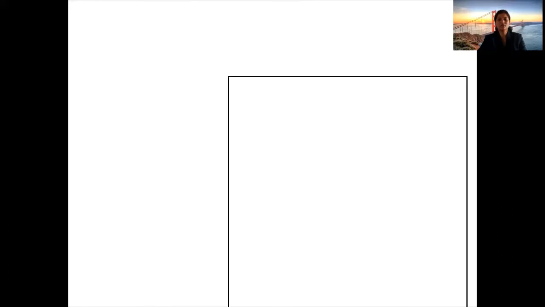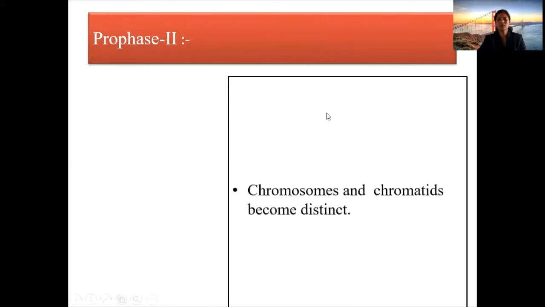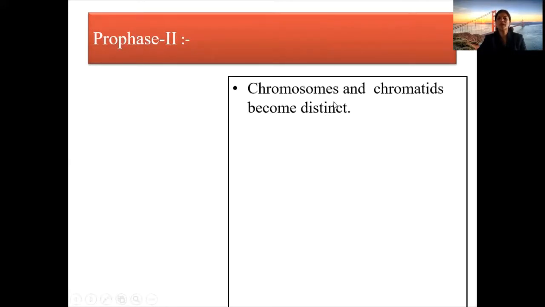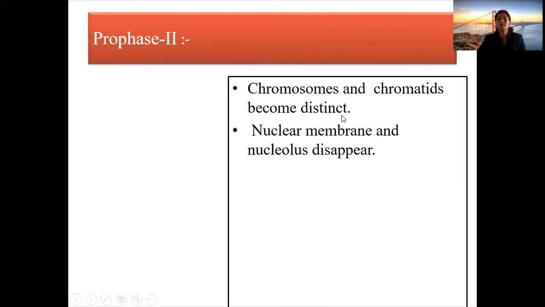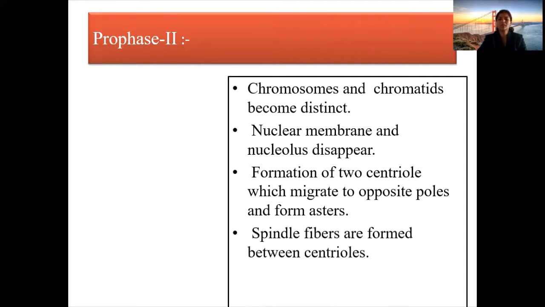Now, first of all, we are going to see prophase 2. In prophase 2, the chromosomes and chromatids become distinct. Nuclear membrane and nucleolus disappear. Two centrioles are formed, which migrate to opposite poles and form asters. Spindle fibers are formed between the centrioles.